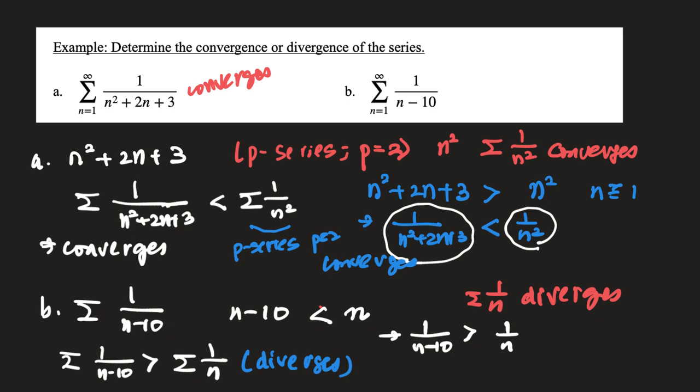So our conclusion is this one diverges. That's how you find whether a series converges or diverges based on a series we already know.